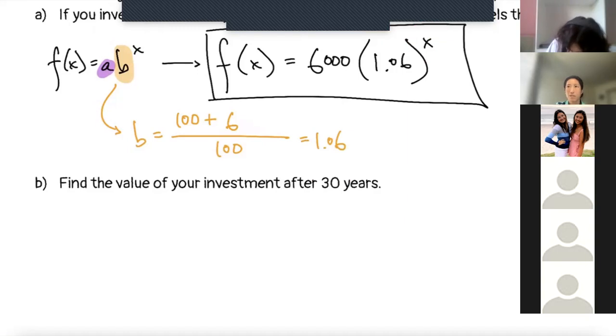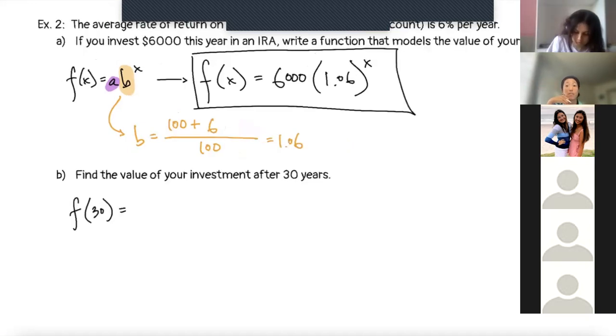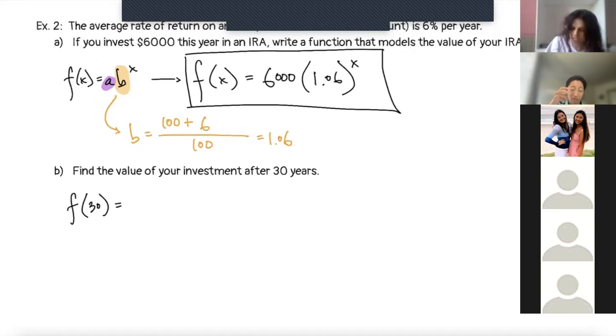All right, so I'll give the screen a moment to catch up, but we have f of 30. Right. f of 30 really stands for this is how much money you're going to have in 30 years. Okay. And so we're going to have 6,000 times 1.06 to the 30th.